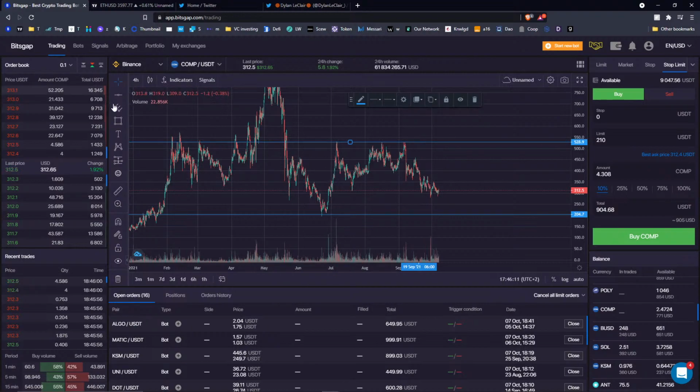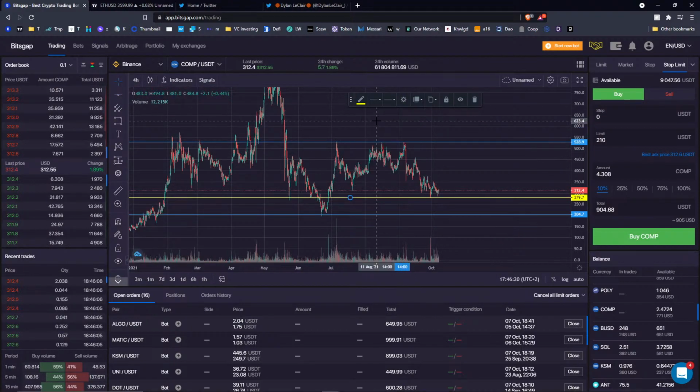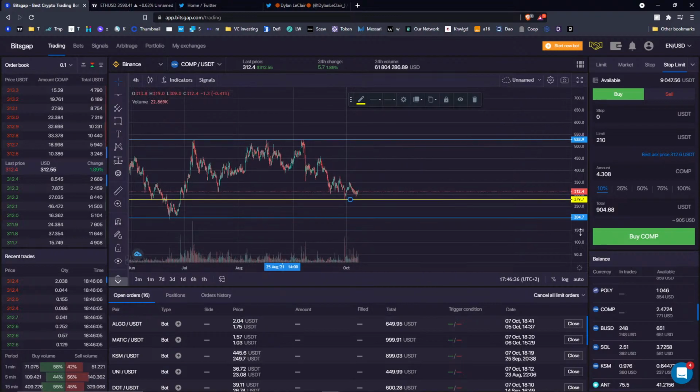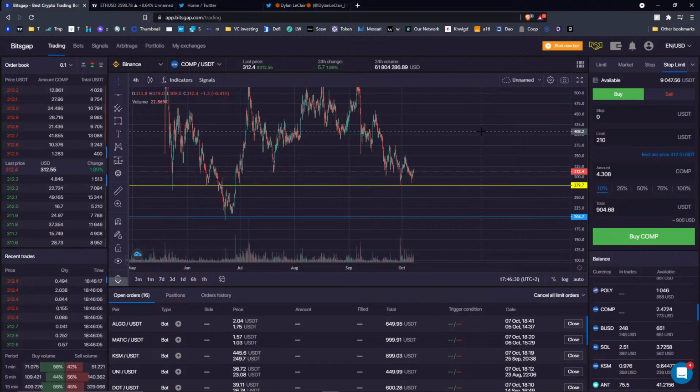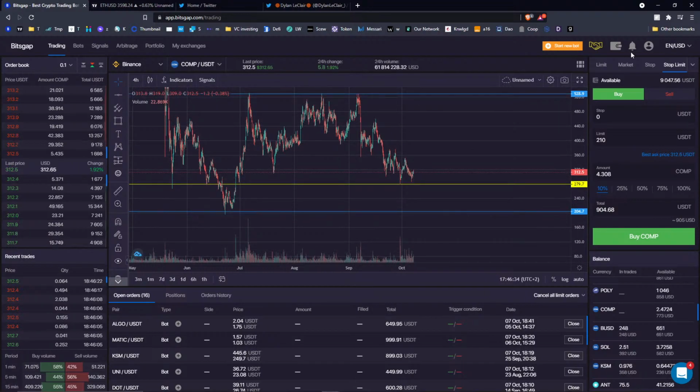So, and you say that, okay, if it breaks this line here, let's make it yellow. If you see the price breaking this line here, then assuming that you feel like it's going to continue the downfall, this is where you can use the stop limit buy order.